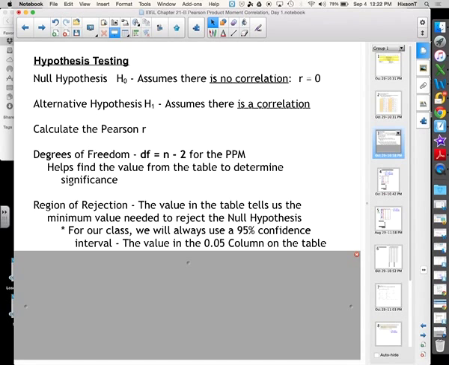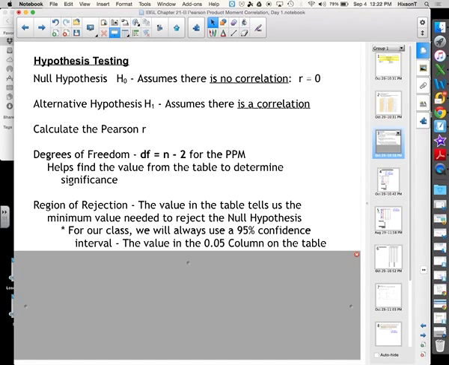Now, if you were testing a new drug, would you want to be just 95% sure? No. So you would probably use a 0.01 or even a 0.001. Not a 0.1, that would only be 90%.